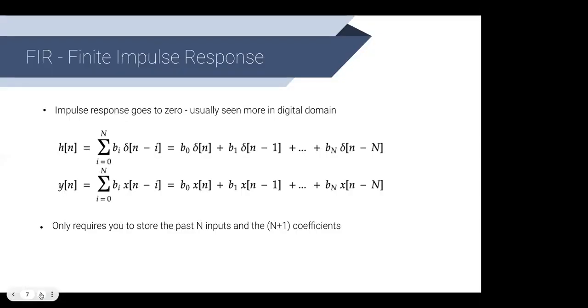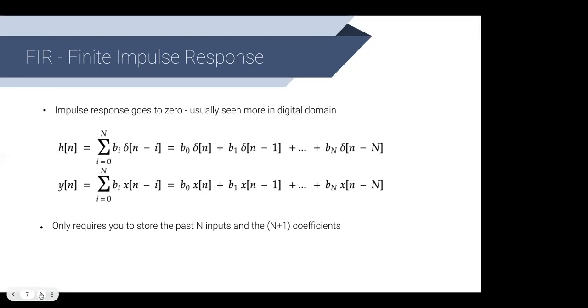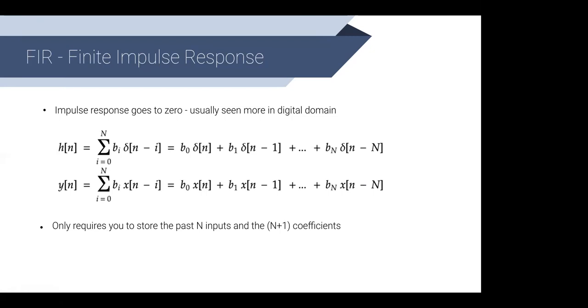So why do we have only n inputs and n+1 coefficients? Shouldn't it be n+1 inputs? Well, it only requires you to store the past n inputs. Your nth input is just your current input. Oh, I see. Okay. All right, that makes sense.